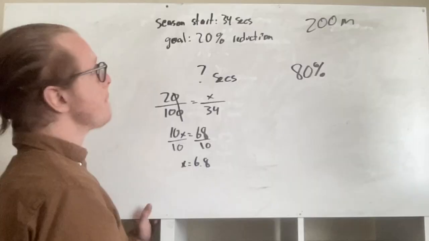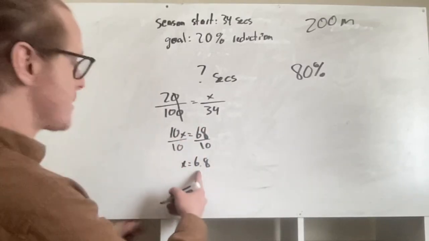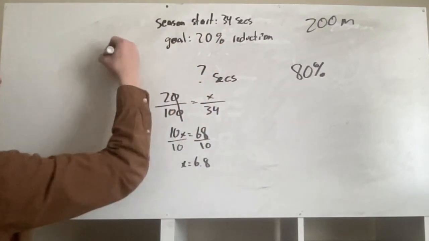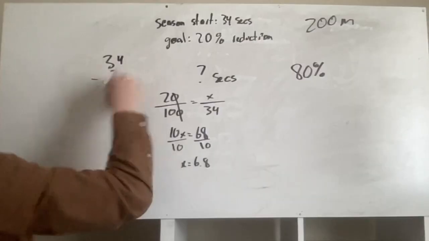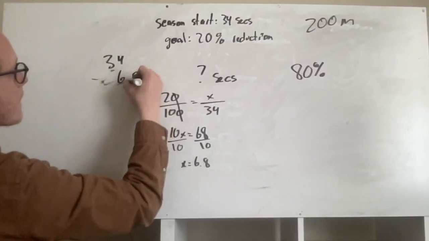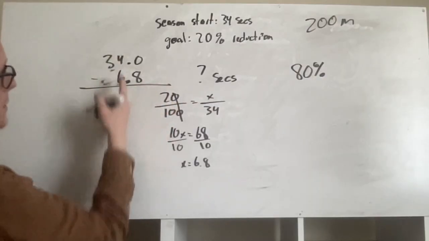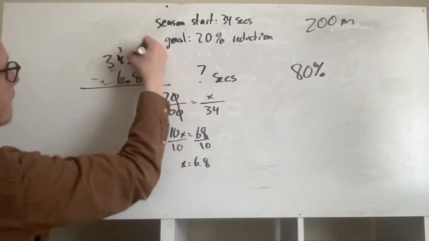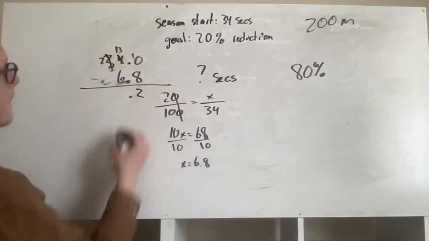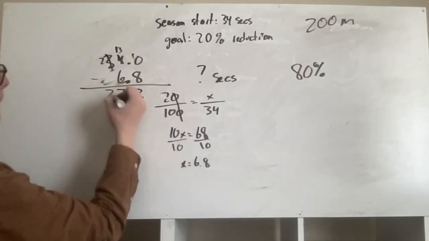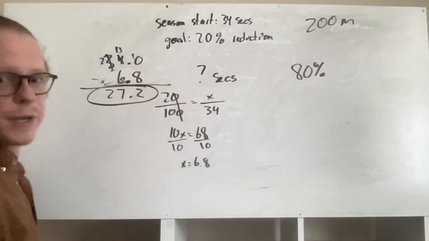So you would need to reduce your time by 6.8 seconds from the starting point of 34 seconds. So 34 minus 6.8. Right, I need to line up my decimal points, line up my place values, the ones place. So the target should be 27.2 seconds.